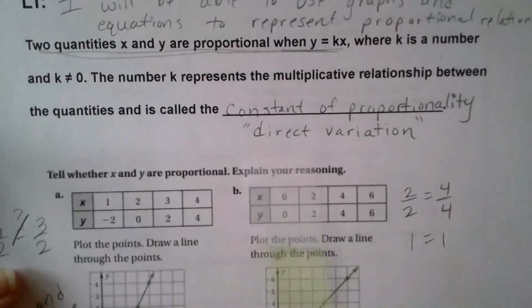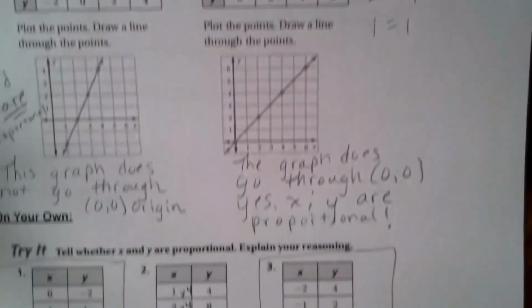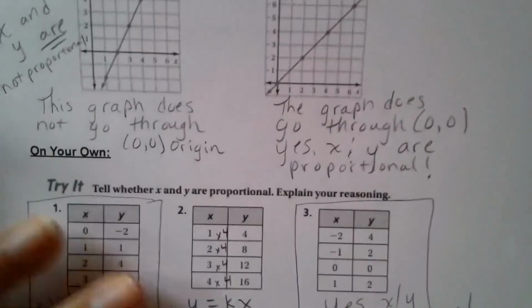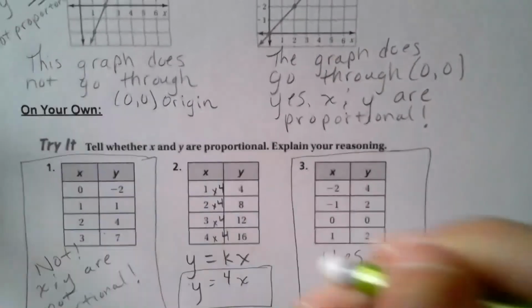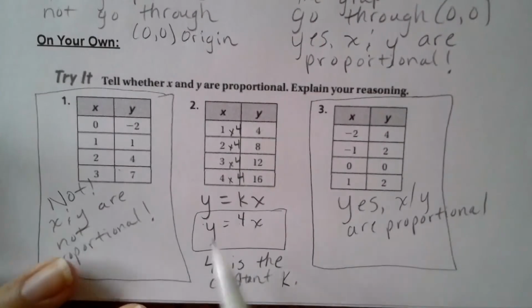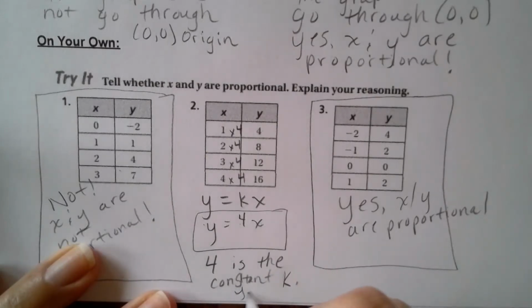If we go back up to our definition, we have found that it does have a constant of proportionality. 4 is the constant K. And if you were to graph all these points and connect the dots, you would see it would go through 0, 0. All right, so then this one is a yes. X and Y are proportional.